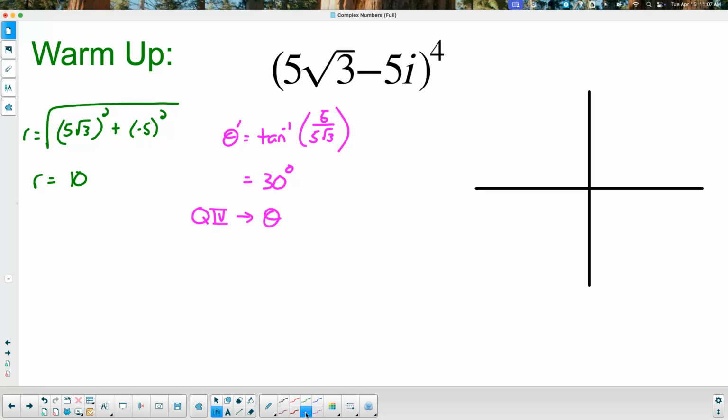So actual theta is 360 degrees minus my reference angle. So in this case, actual theta is 330 degrees. Which would make then, so I take R to the 4th power.